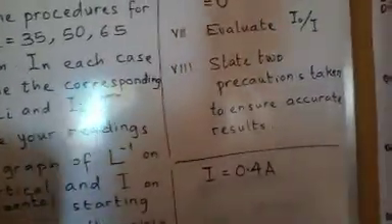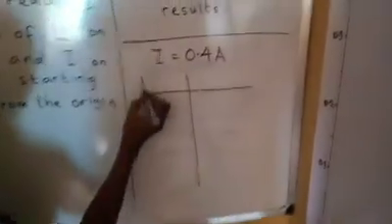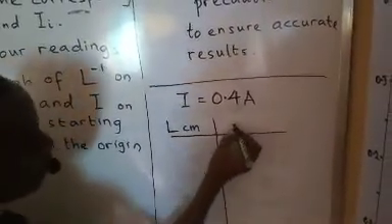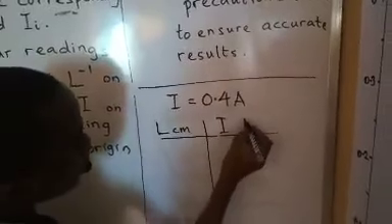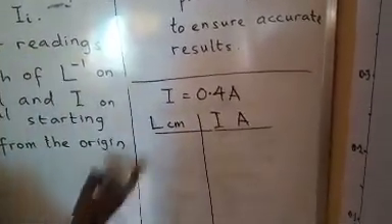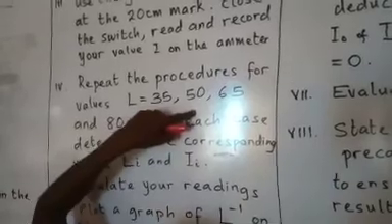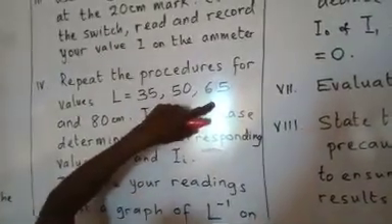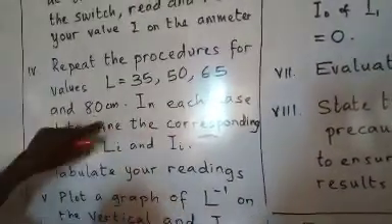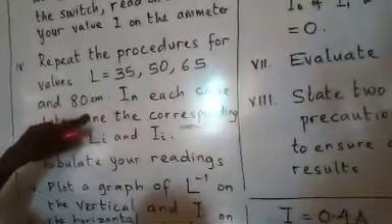Now I will draw a table here. L is in centimeter, I is in ampere. The first one is 20, the second is 35, the third is 50, the fourth is 65, and the fifth is 80.